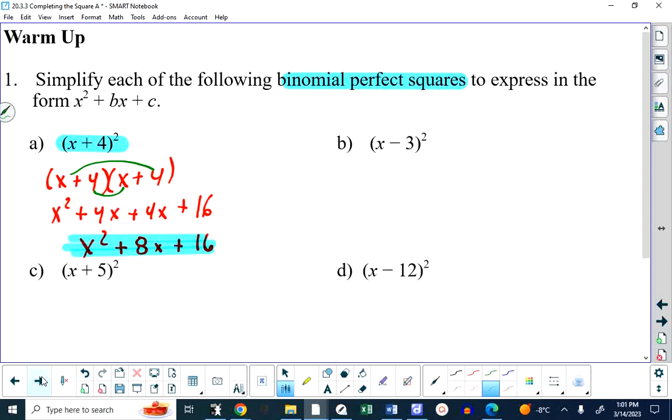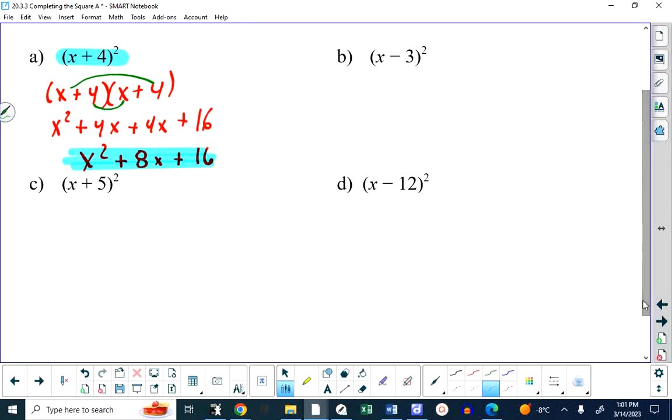So for example, when we do C, I'm going to go down to C, and I square x plus 5. You ought to be able to, at some point, simply say it's this. How many of you are capable of handling that? Okay.